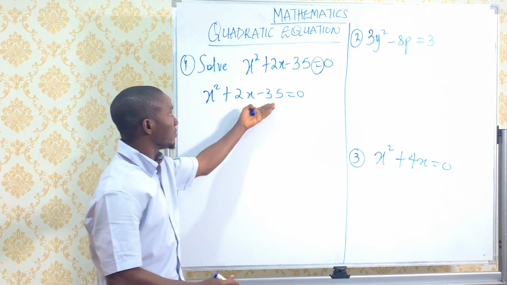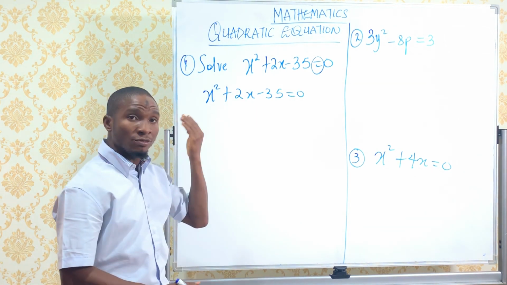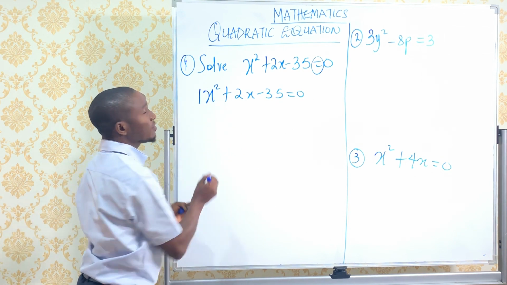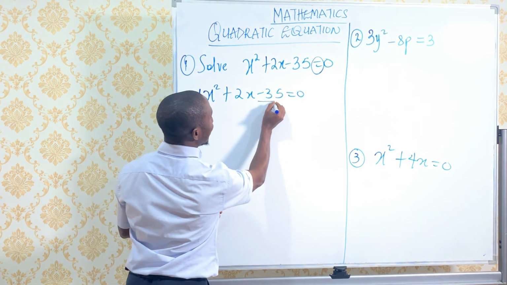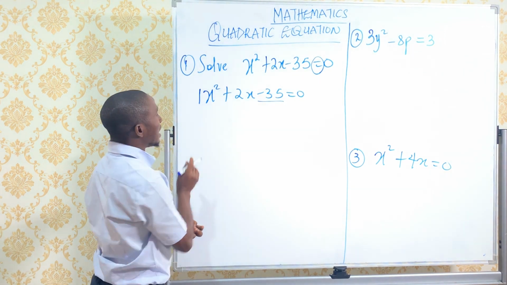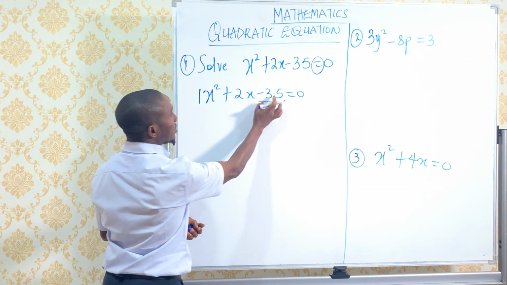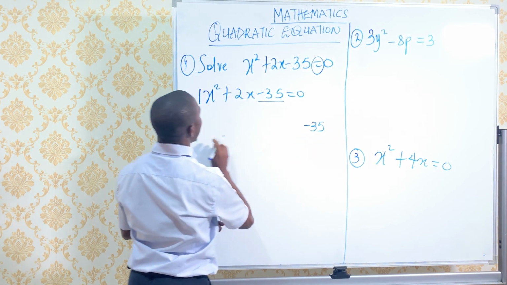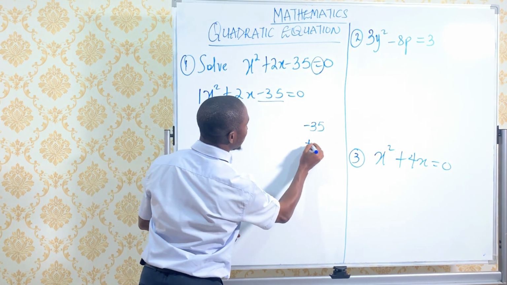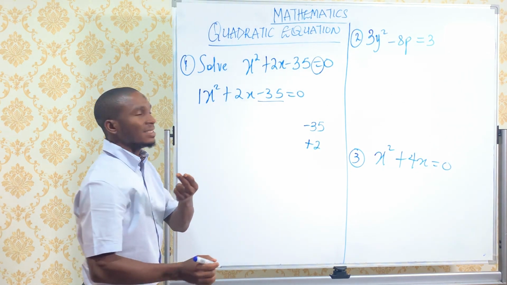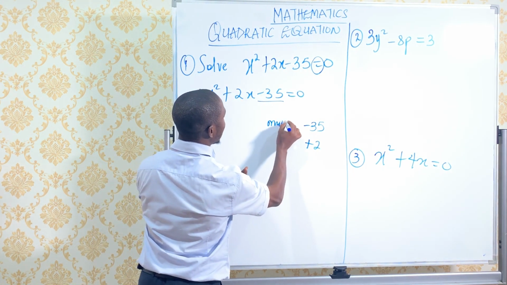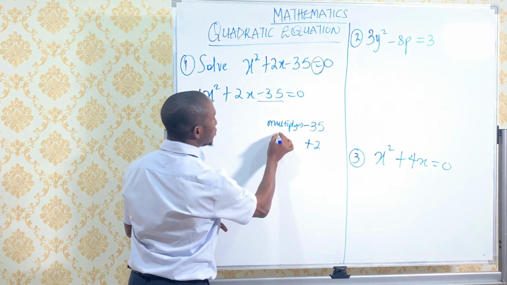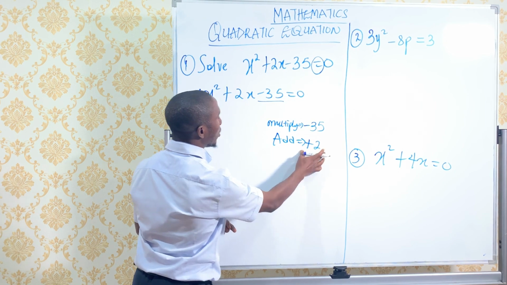Now, I want to factorize this. This has been explained in our previous videos on how to factorize. So, the same process. X squared has a coefficient of 1. So, we multiply the constant value with the coefficient of x squared. Minus 35 times 1 will give us minus 35. Then we also have plus 2.